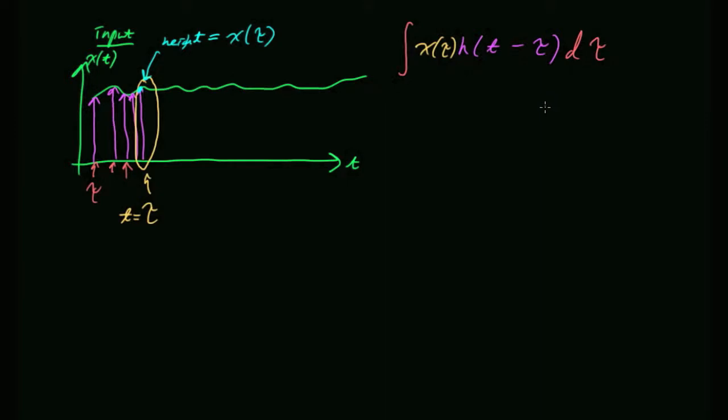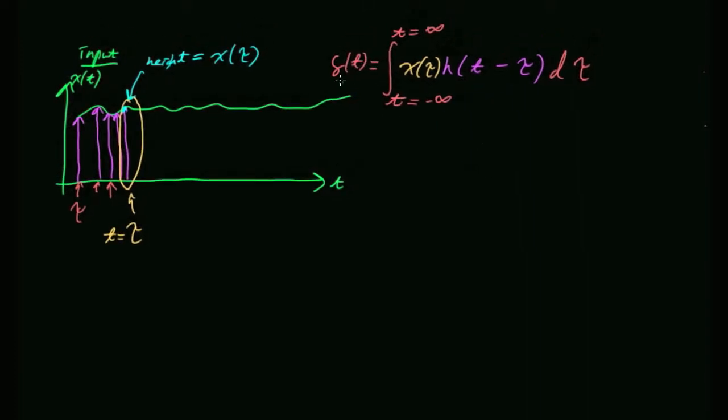It's a little bit like that, but in time. And which taus do you want to do? You just want to do all taus, minus infinity to infinity. Just integrate it over all time. And that, my friends, is the much feared, much talked about, much maligned convolution integral.